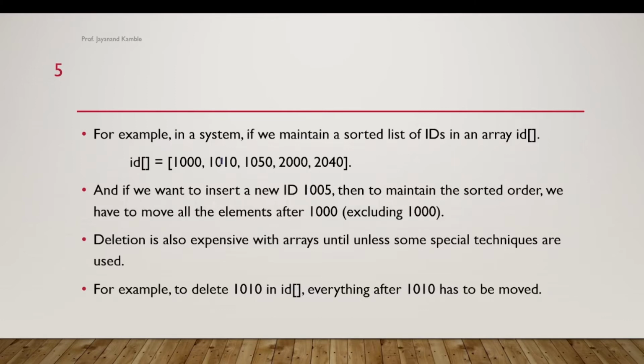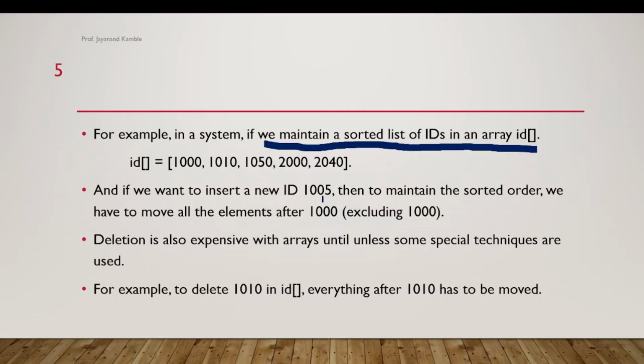For example, in a system, if we maintain a sorted list of IDs in an array, say I have created your class list, which is sorted by roll number. As you are taking admissions, I am inserting into that list. Initially roll number 5 has taken admission, then 7, then 11, then 20, then 25.